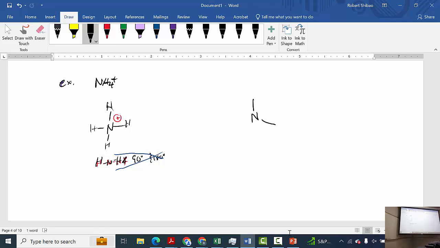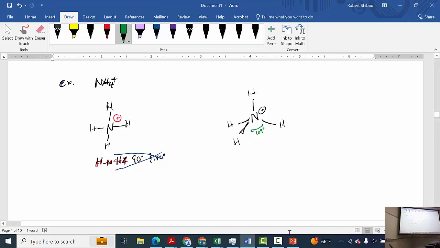We have to figure out the EGG first. The EGG is not 90. We have 4 groups. Do you remember how to draw 4 groups? Yes. We need to do wedge and dash. All right, now let's look at the angle.